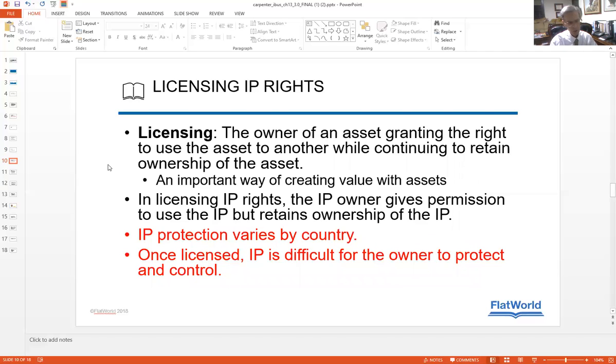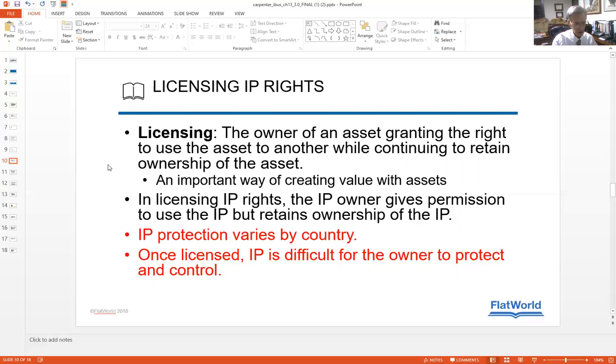So intellectual property, though, is a source of great value. It's also a source of great conflict between nations, because different nations may want to acquire that intellectual property from international owners in other countries.